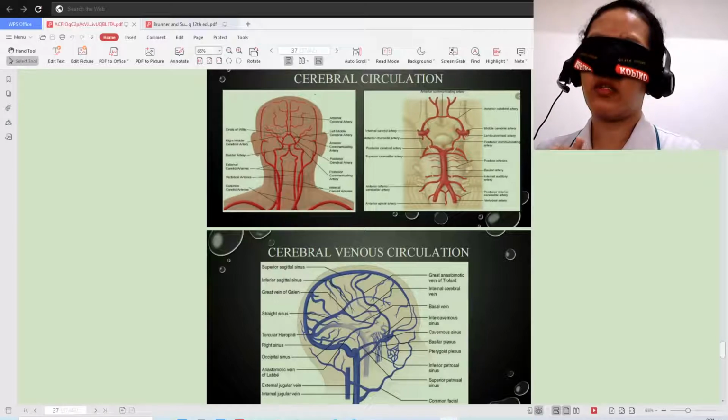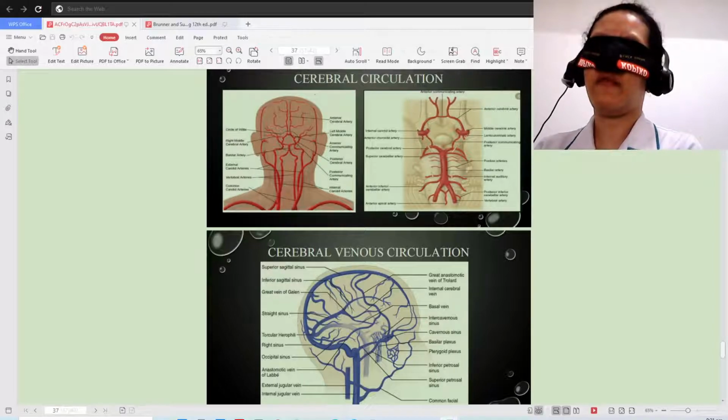Then the posterior inferior cerebellar artery is the largest branch of the vertebral artery that supplies blood to the posterior inferior surface of the cerebellum. Then the anterior spinal artery supplies blood to the spinal cord.